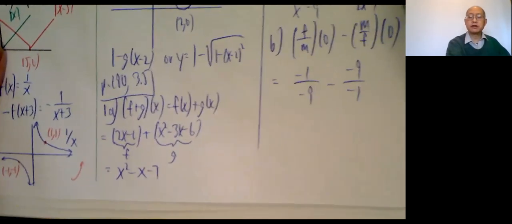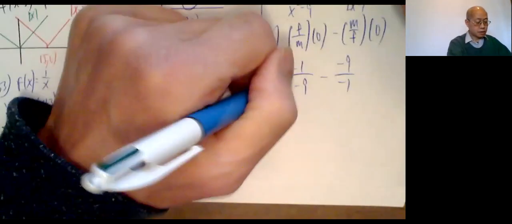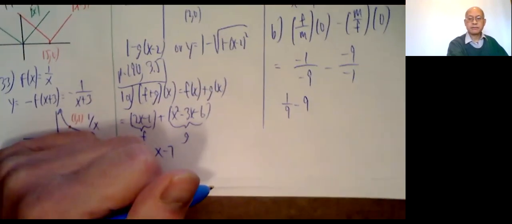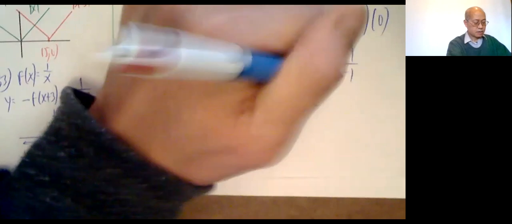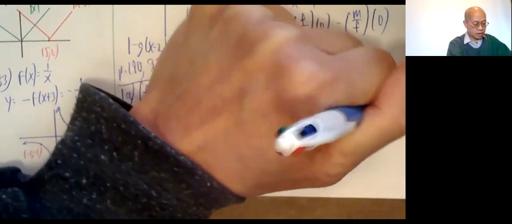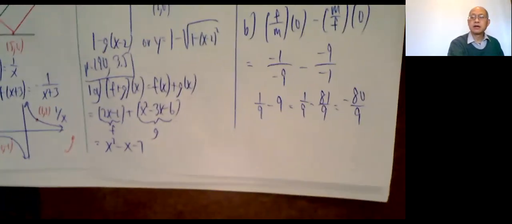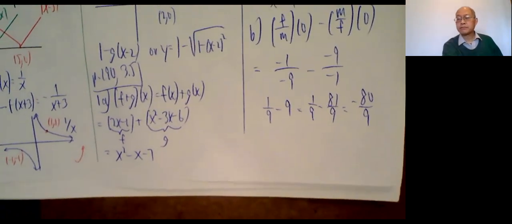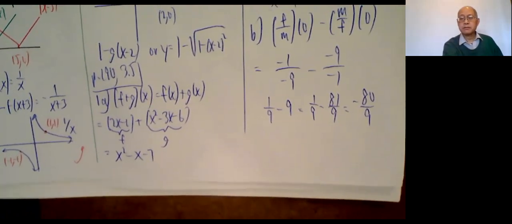How many times have you had a quintuple negative in that? So that's positive 1/9 minus 9, or 1/9 minus 81 over 9. So negative 80 over 9, I guess. Get a common denominator.